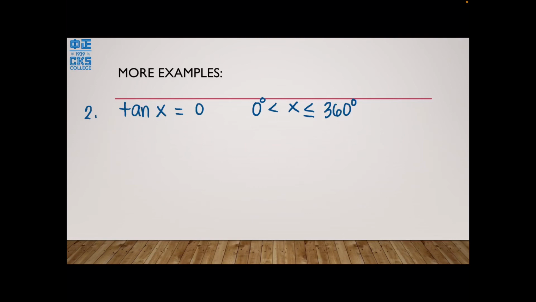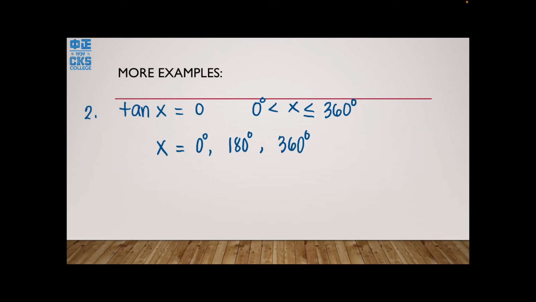Therefore, the answer here will be a quadrantal angle. You look at the table for the quadrantal angles and you will see that tangent is 0 if the angles are lying on the x-axis. So what are the quadrantal angles along the x-axis? That would be 0, 180, and 360 degrees.